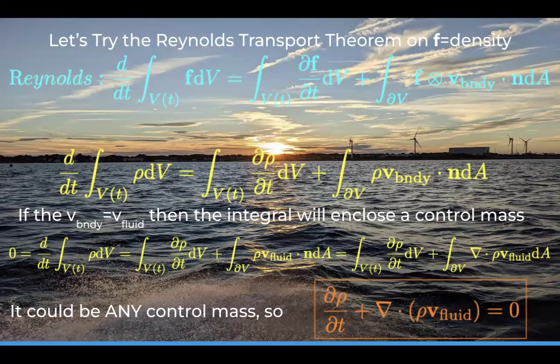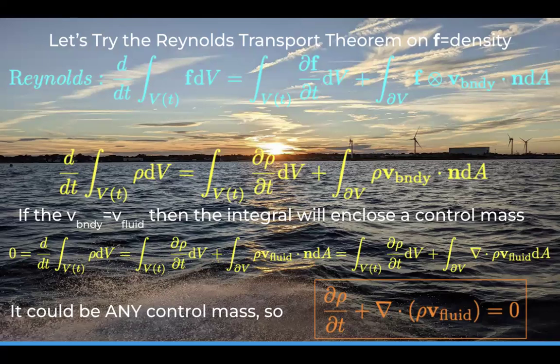We could change the mass in our volume by changing the density at every point in the volume. That's pretty clear. That's this guy. So that could be my radioactive case. This one is the one that's talking about all the flows in and out of the surface. So if it's a control mass, I could follow that mass and make this 0, or not. I could choose not to.